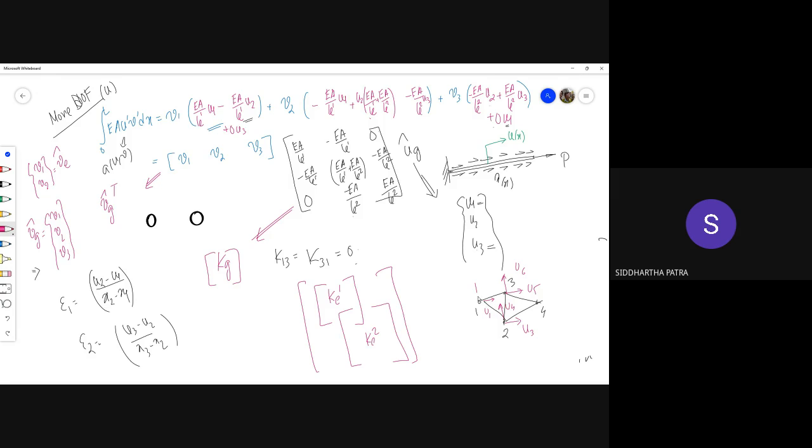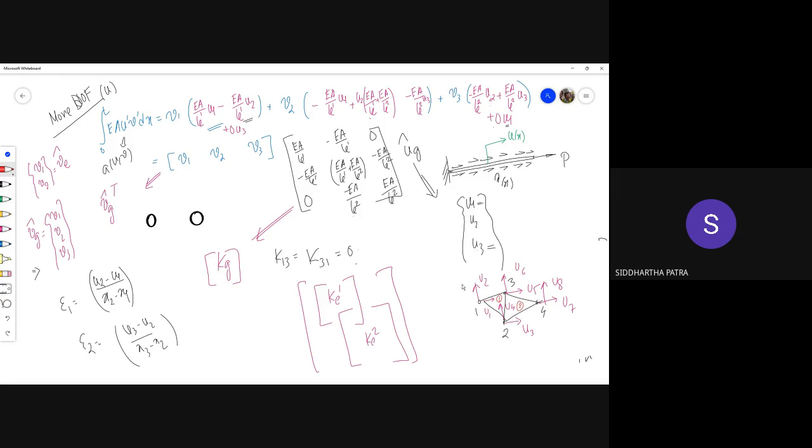Then this one is U1 and U2, and this one is U7 and U8. You see these two nodes, 2 and 3, belong to both elements, element number 1 and element number 2.